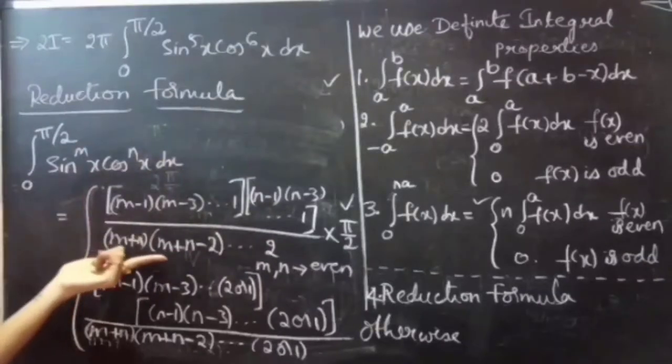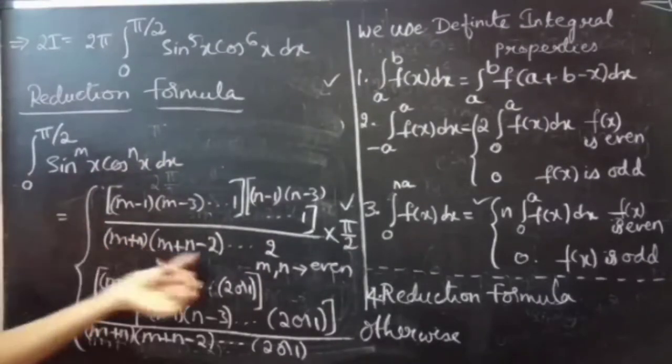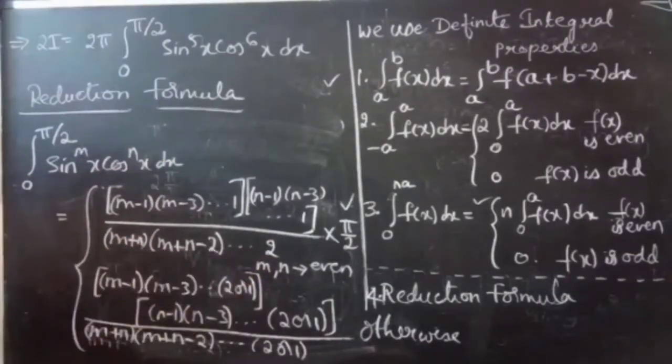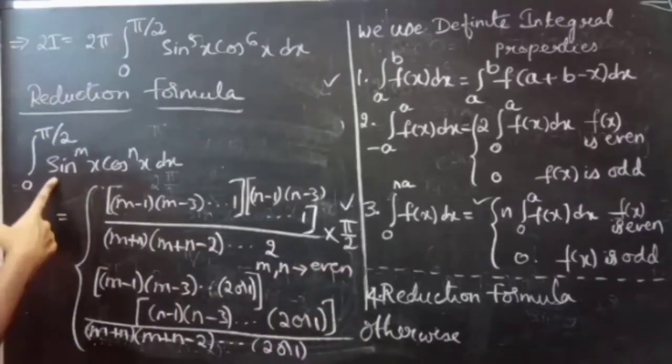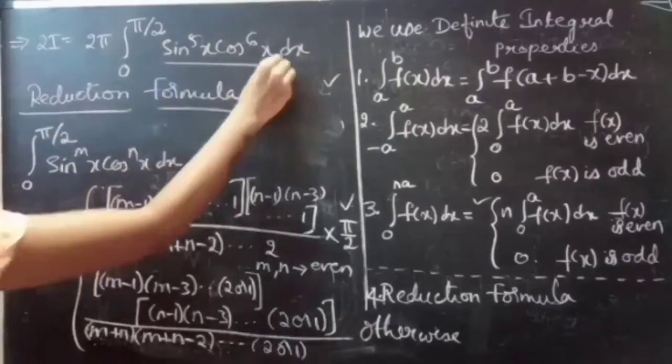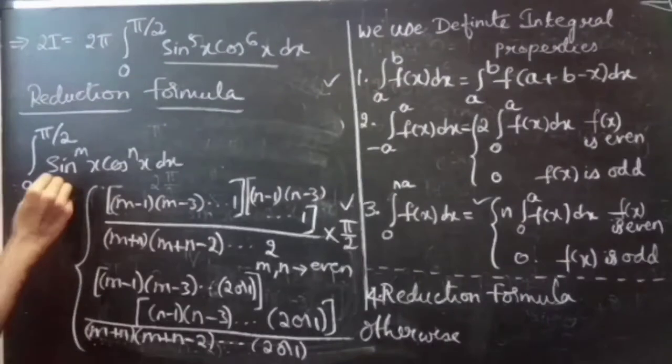In the denominator, you will subtract even numbers from m plus n. Same for the otherwise condition. Okay. So now compare this to the actual formula.